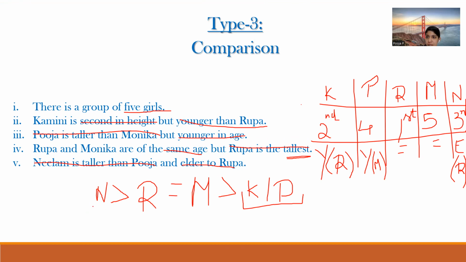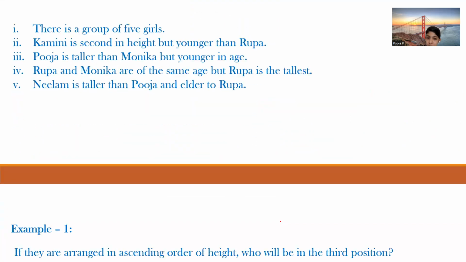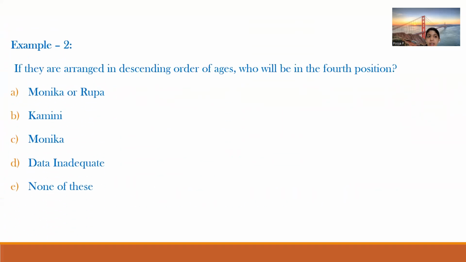Neelam takes the first position. Rupa and Monica equally share, but you will give them as second and third, or the other way round as third and second. Both of them can be in the second position. It just depends on which point of view you're seeing, which is not mentioned in the given question.